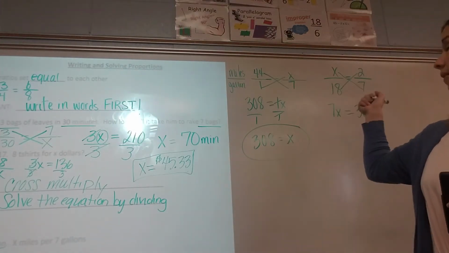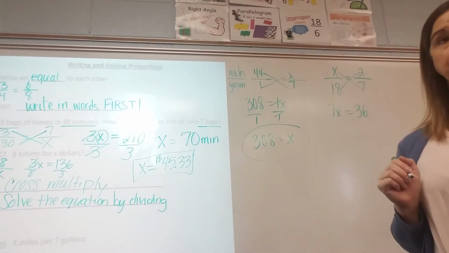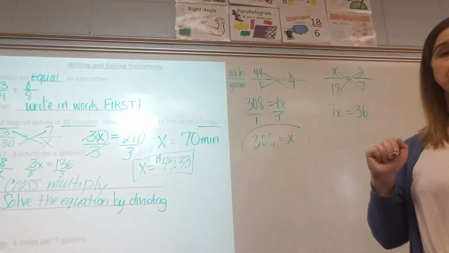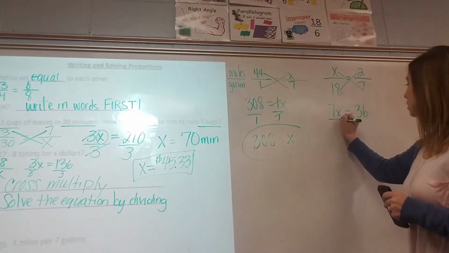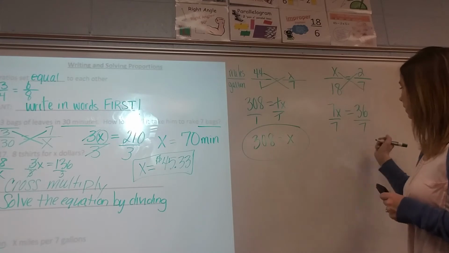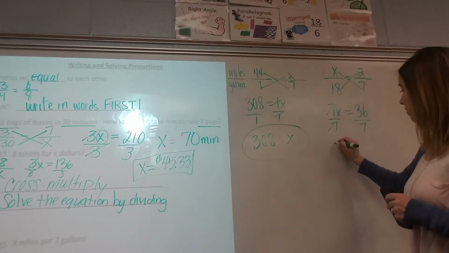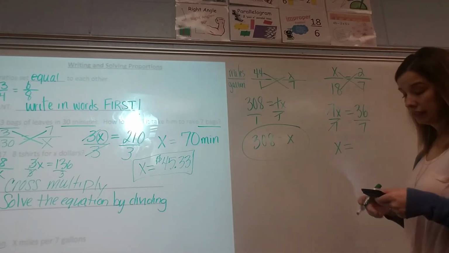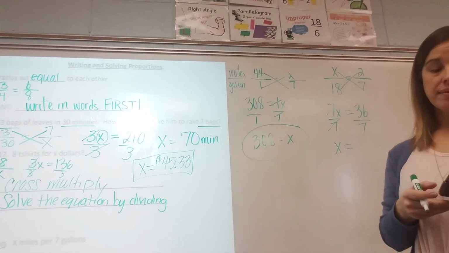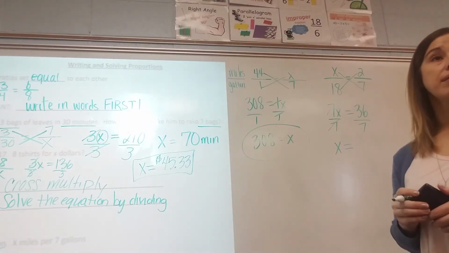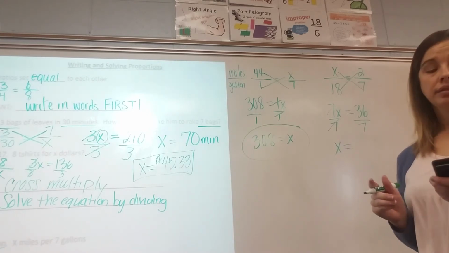What do I have to do now? How do I solve this equation? Divide each side by 7. And you're left with X over here. So then 36 divided by 7. If I round to the nearest hundredth, what do I get? 5.14.